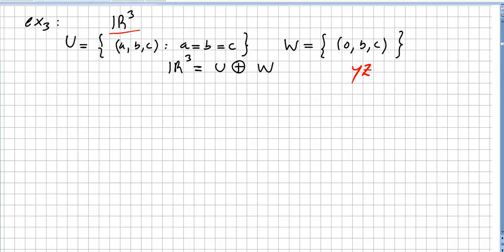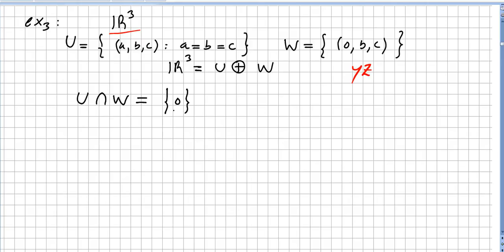Okay, so if we pick U intersection W, so A, B, C will be vector 0, right?